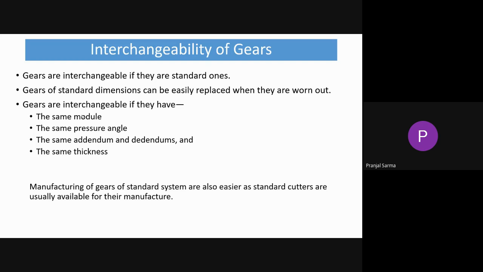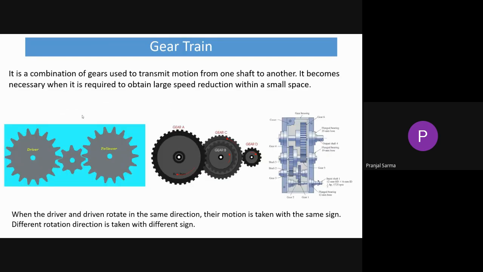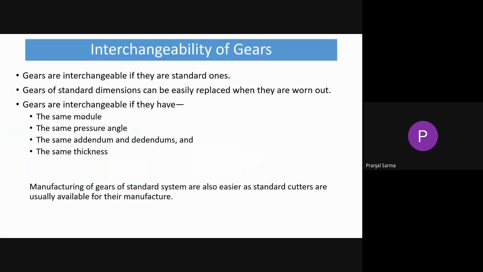And if we are purchasing or replacing that particular gear, then it has to be interchangeable. If they are interchangeable, then you can be sure that they will match with the other gear properly.